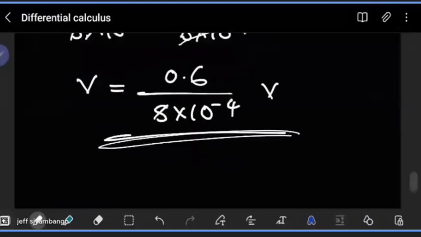This is how you determine the voltage at such a point.